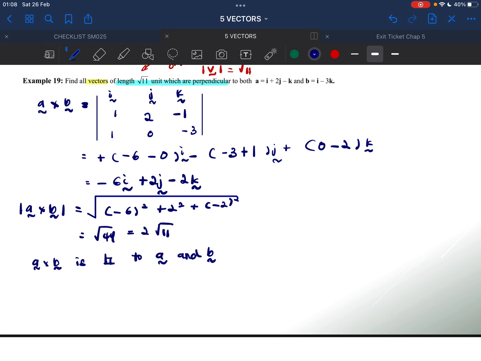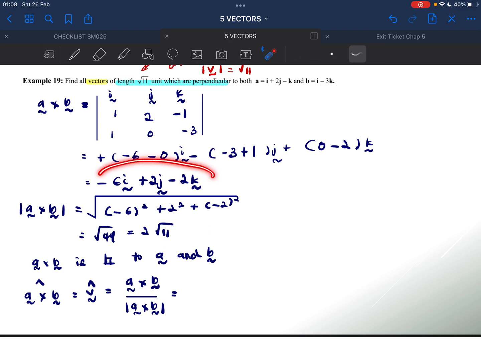So we can find the unit vector for A cross B. I want to put it as A cross B hat, or you can put it as V hat also. Let me put it as V hat, where the formula is A cross B over the magnitude of A cross B. We have the vector and we also have the magnitude.